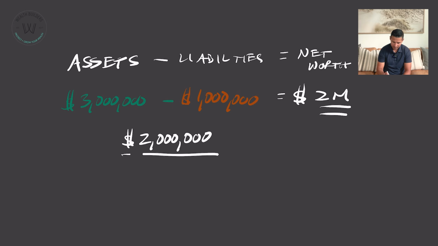In this example, let's just say hypothetically, our annual spending is $50,000, is what we figured out. So if we divide our net worth by our annual spending, this is going to give us a number. And in this scenario, this is going to give us the number 40.